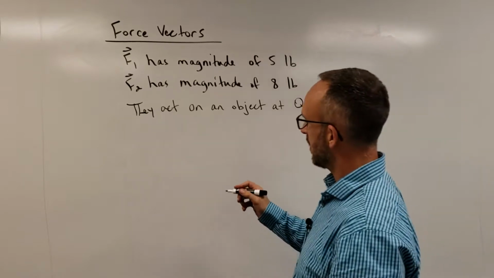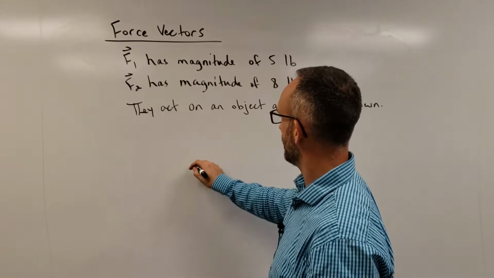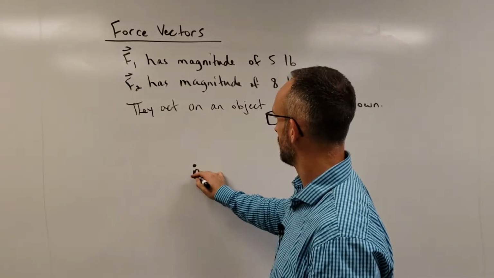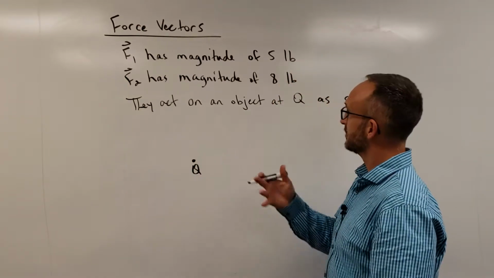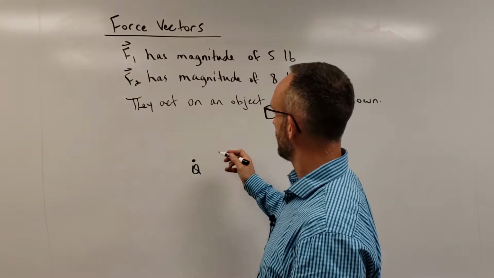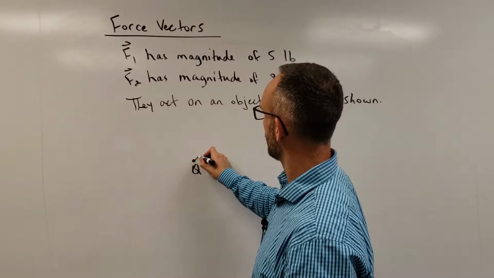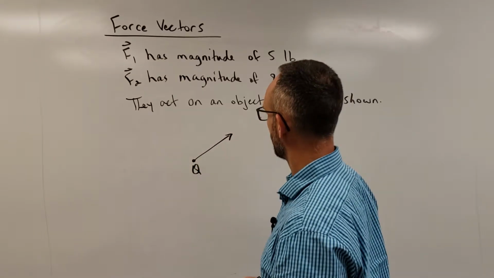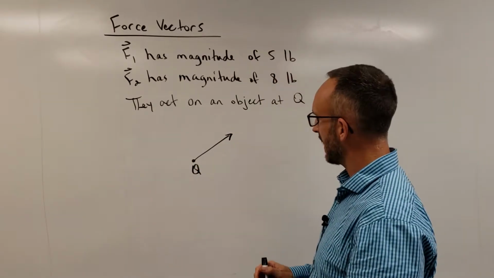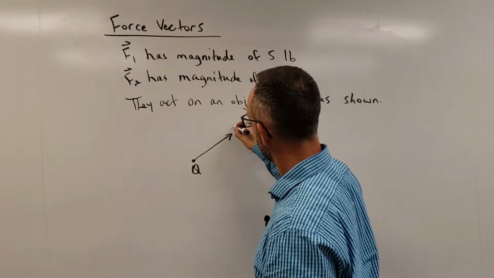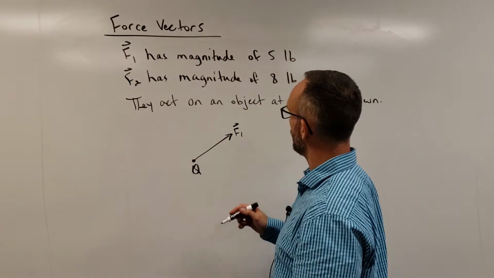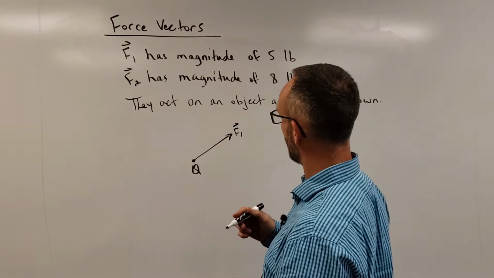So here we go. So here is point Q, and I will tell you that F sub 1 looks something like this. Okay, F sub 1 looks something like that. And then F sub 2 has a magnitude of 8 pounds, so it should be longer.